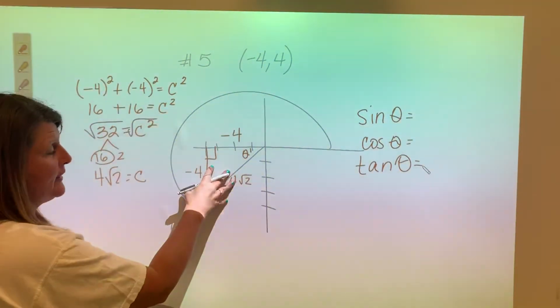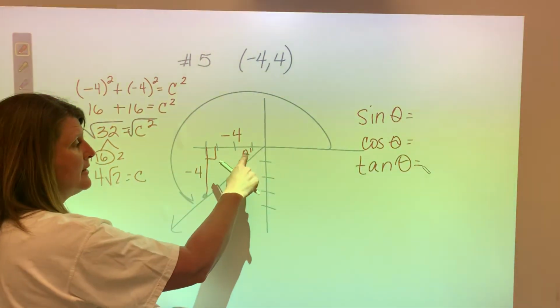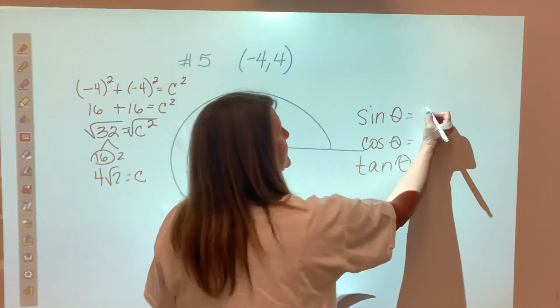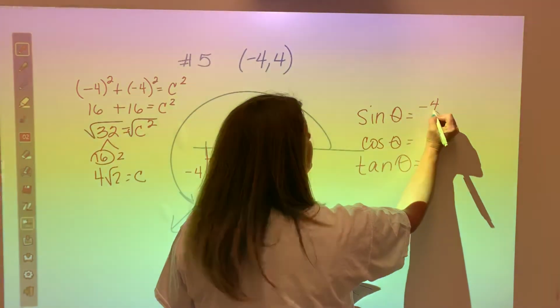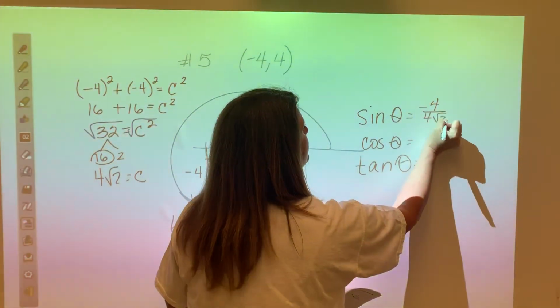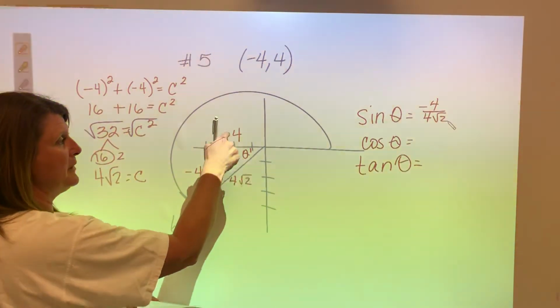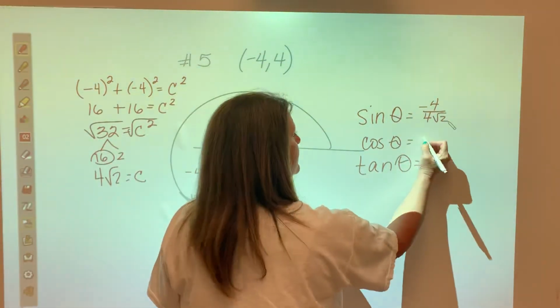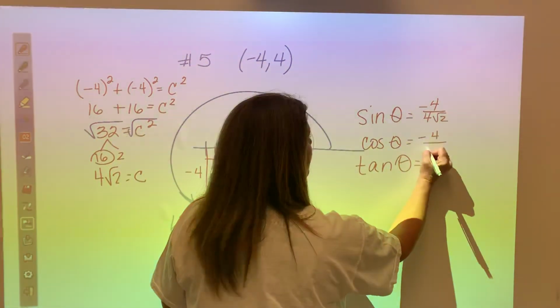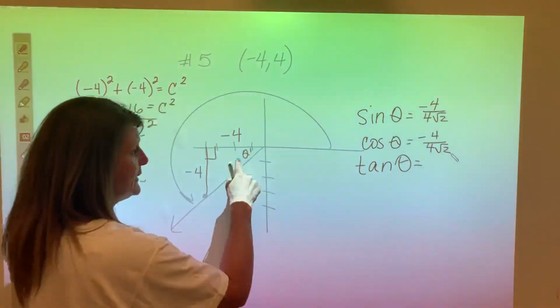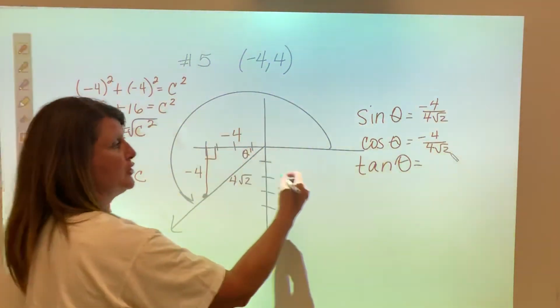So in this setup, the sine would be opposite over hypotenuse. Cosine would be adjacent over hypotenuse. Tangent would be opposite over adjacent.